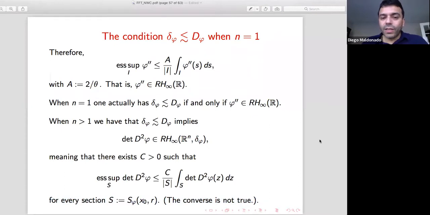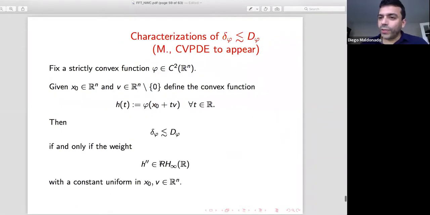Well, think of all the possible restrictions, and if you have the property for the restrictions and the constant is uniform in x naught and v, so if the constant does not depend on the line that you chose, then that characterizes the property. So in a way, this property is also a one-dimensional property, something that for the other condition is not as clear to me. This is more geometric.